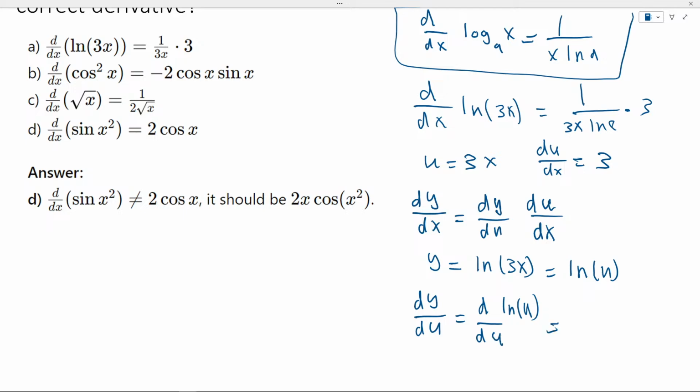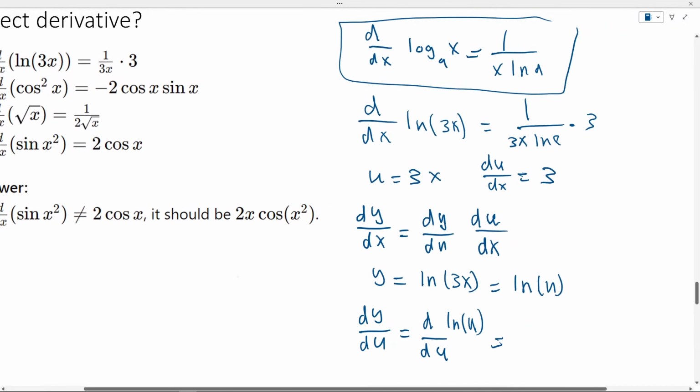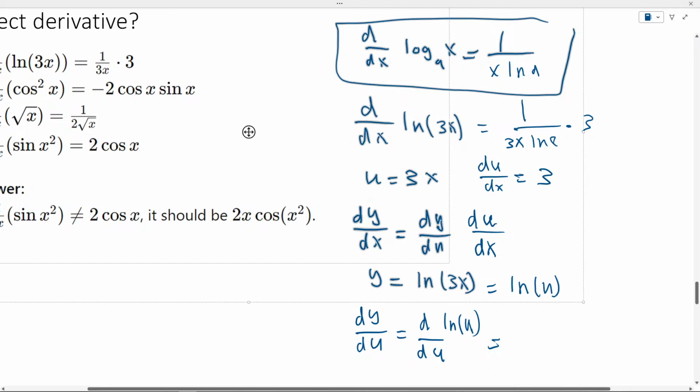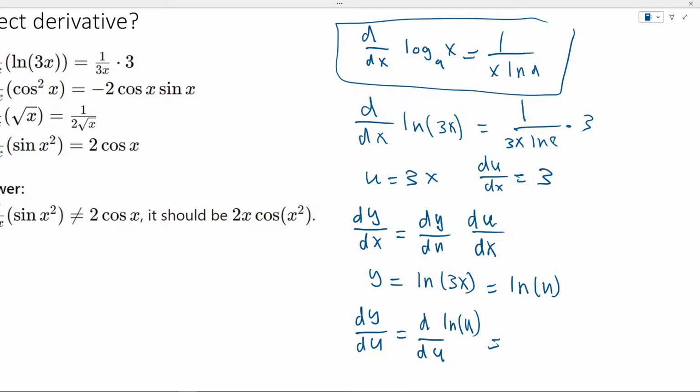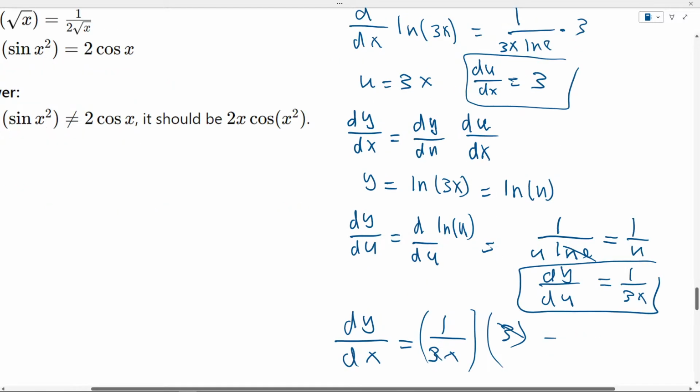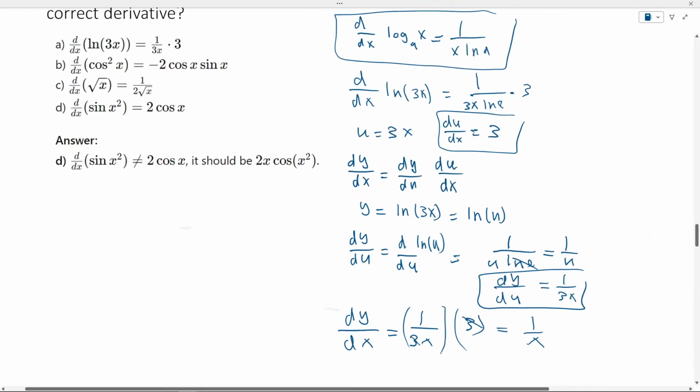And can we apply the rule here? Yeah, so the rule here states that ln of this guy is equal to 1 over x, which is u here, times ln of the base, so 1 over u. That's what I got here.